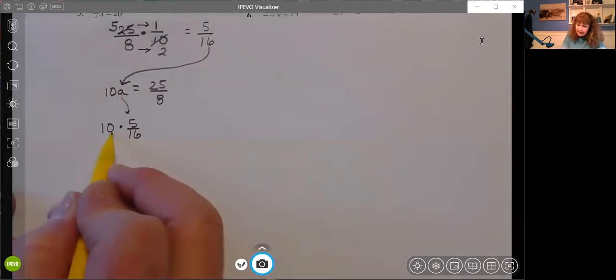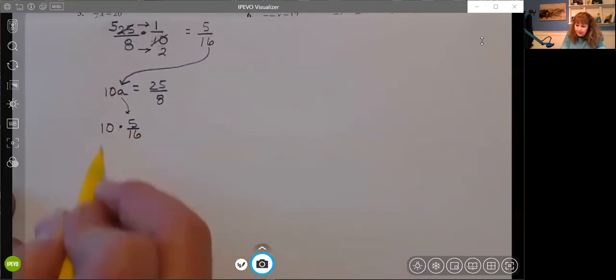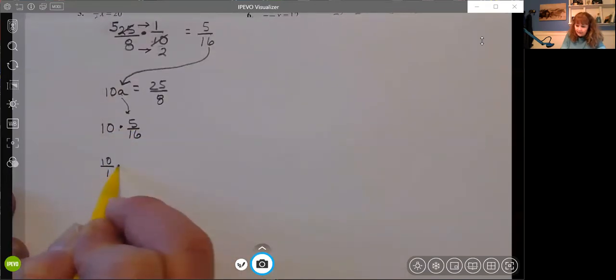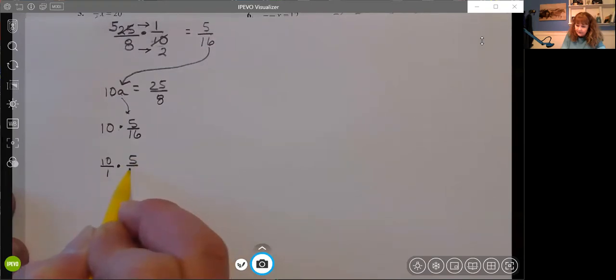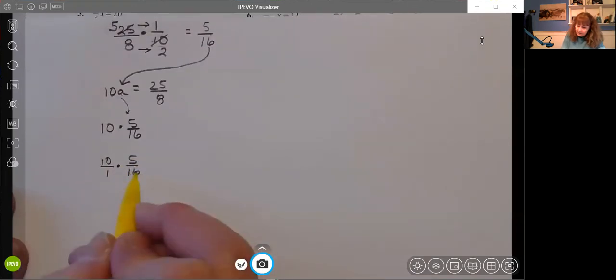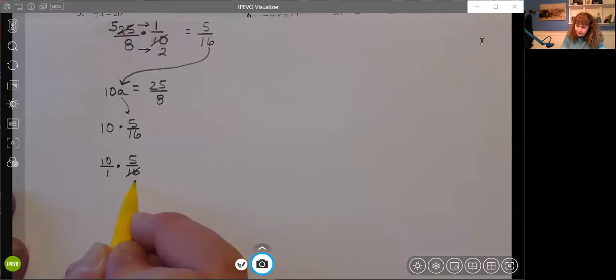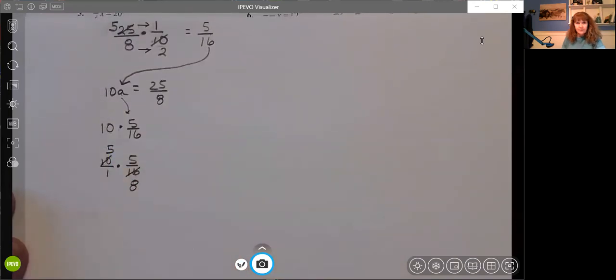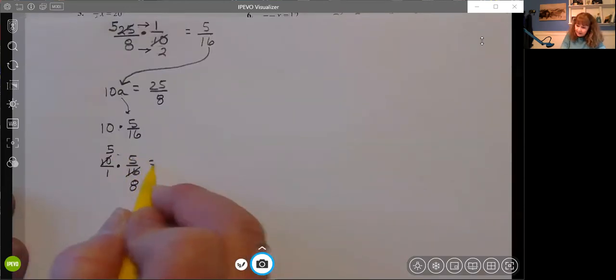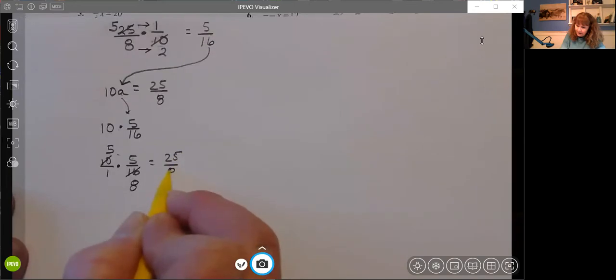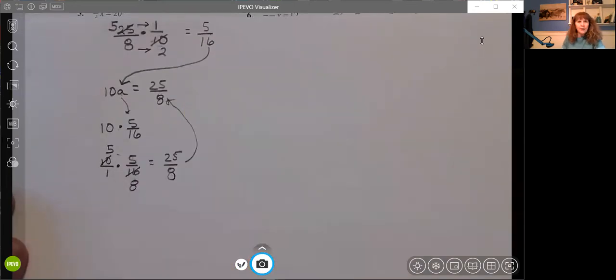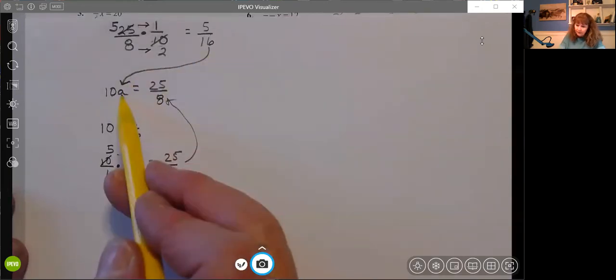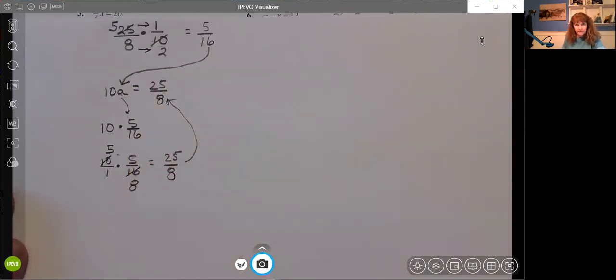To take 10 times our a, I'm going to put 10 over 1 times 5/16. 2 goes into there 8 times, 2 goes into there 5 times. When I multiply across, I get 25/8, which is what I wanted, 25/8. So you can check by putting your answer in and then multiplying.